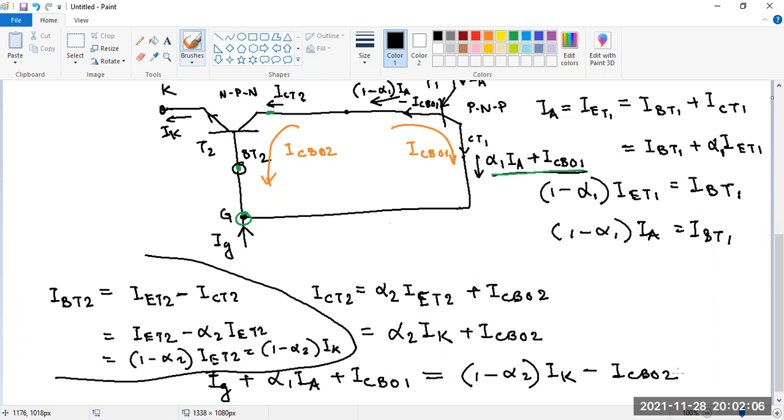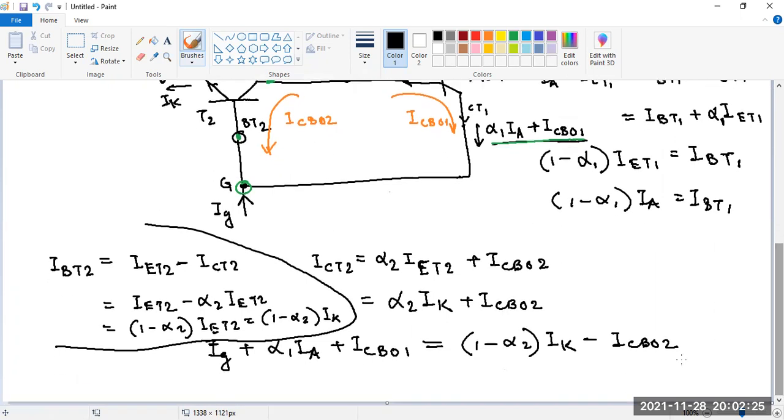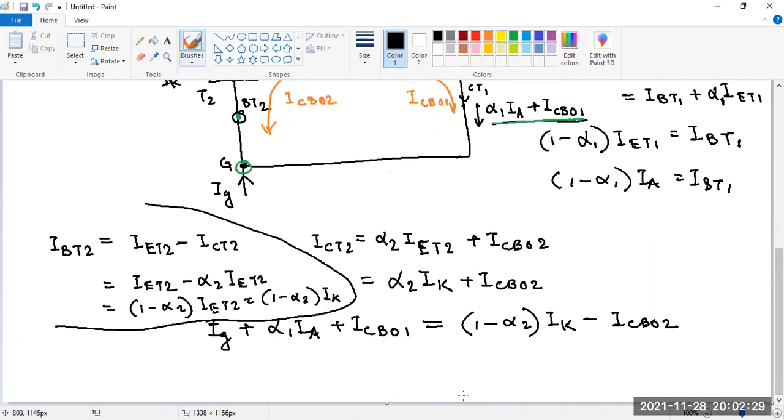Initially we neglected ICBO2 and did not take the reverse saturation current, but finally it has to be added. Though it will be a very small amount, in this case the contribution of these reverse saturation currents is significant. So this is equation number 1.